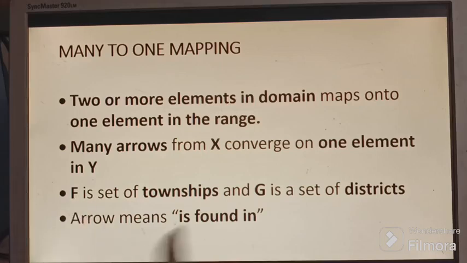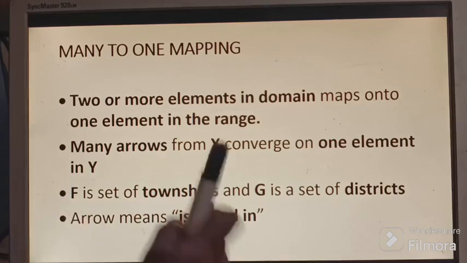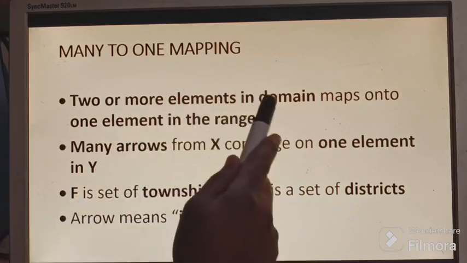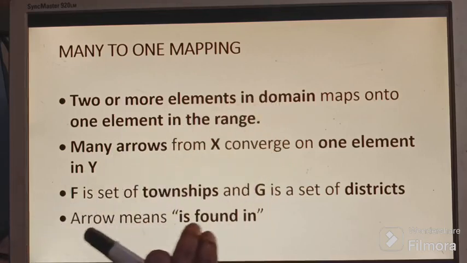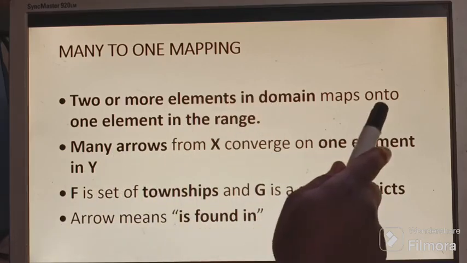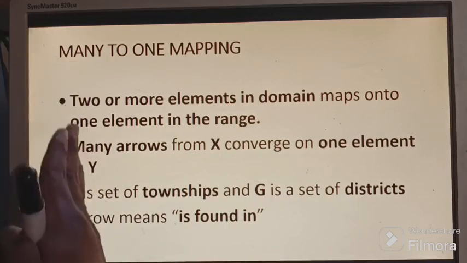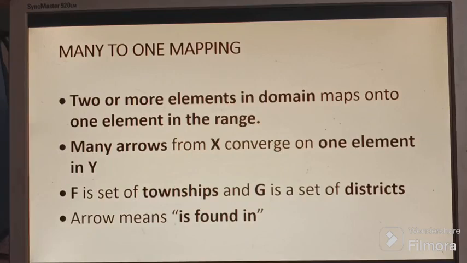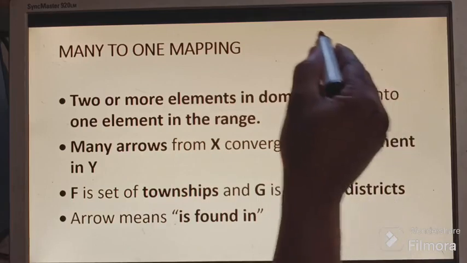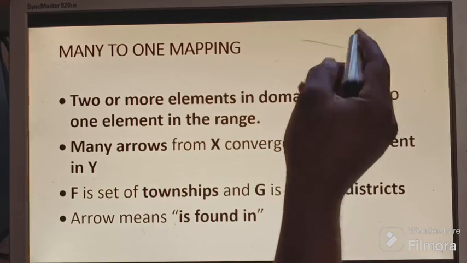So you could say it's like one-to-one, except that we have more elements in the domain going onto one element in the range. So we have many arrows coming from the domain going to one element in the range. So in our case it's like we are seeing something like this.